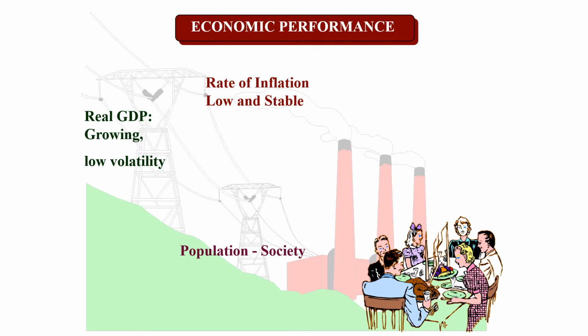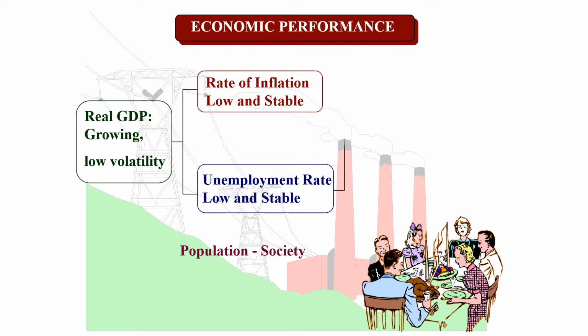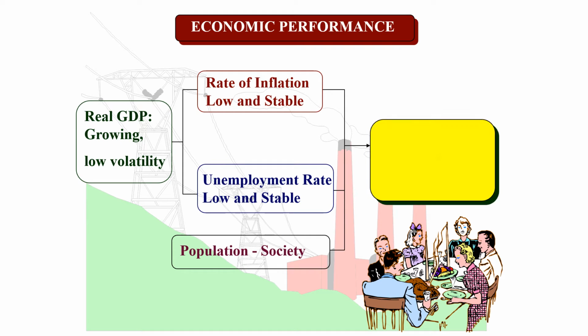The rate of inflation must be low and stable, and the unemployment rate also low and stable. Consequently, when all this is happening, the expected result, among other things, should be a real GDP per capita high and growing.